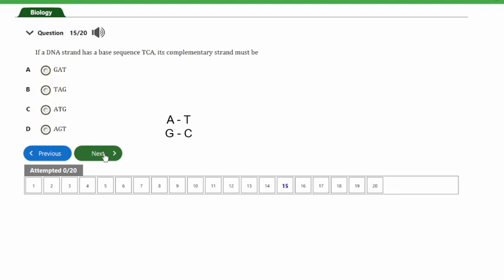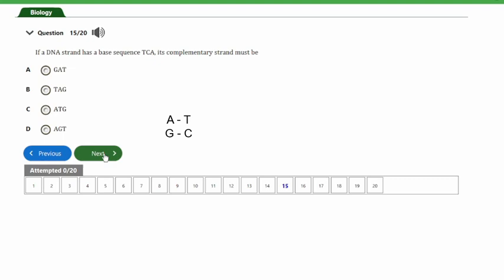I don't really know why, but it makes me remember this so quickly when I say AT GC. So I know that AT is A and T, and then GC is G and C. So when I know that, I can always quickly remember that A pairs with T and G pairs with C.